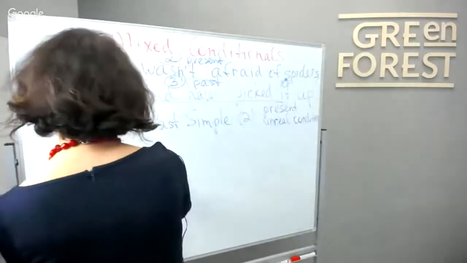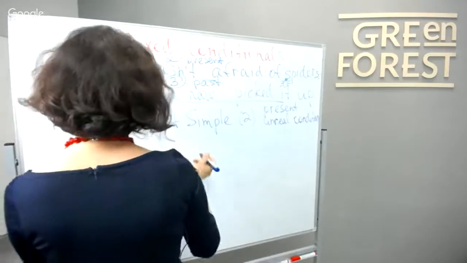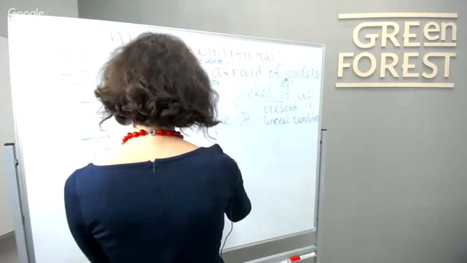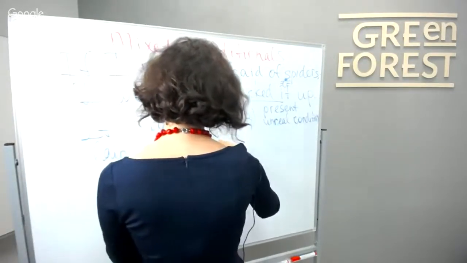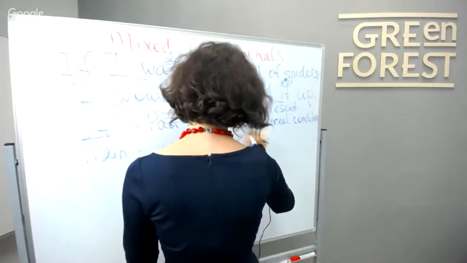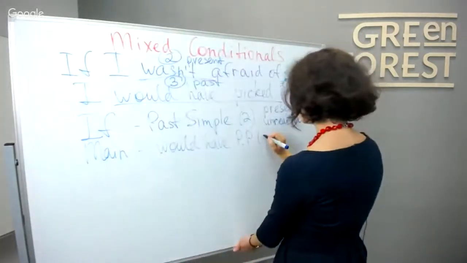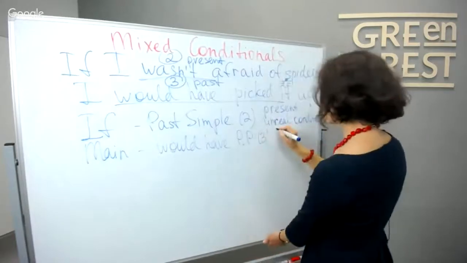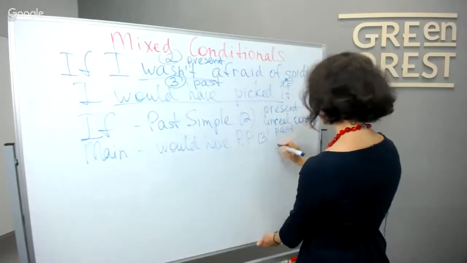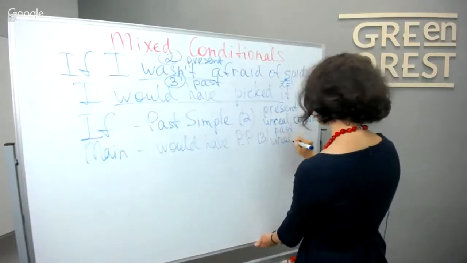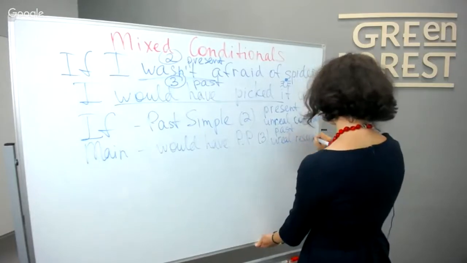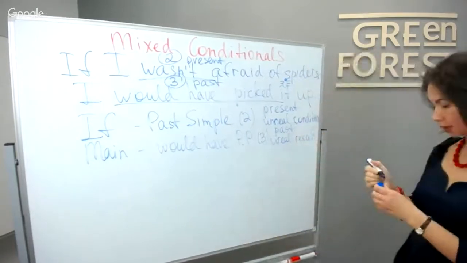In the main part, we use would, have, and past participle. And this is our third. So this is our past unreal result. Past unreal result.